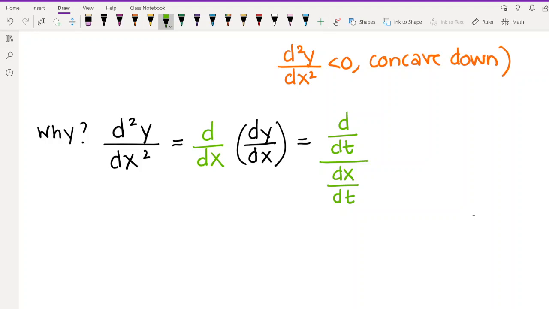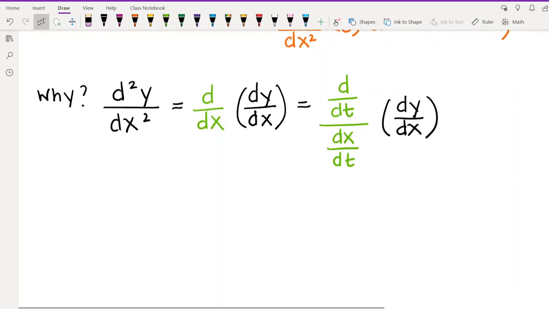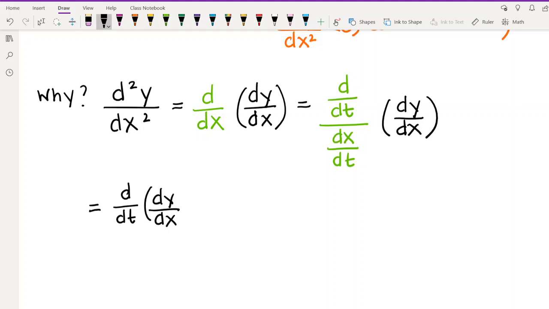Well, just think about, again, that thing with fractions, right? The dt's would cancel out here. And so I'm just rewriting that part, and we get this. And then we can rearrange this a little bit more nicely and rewrite it as d/dt of dy/dx over dx/dt. And that's exactly the formula that I wrote down above.